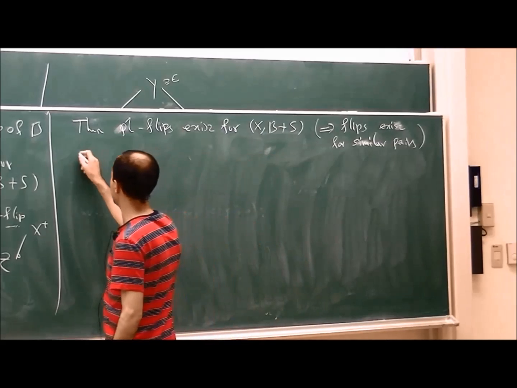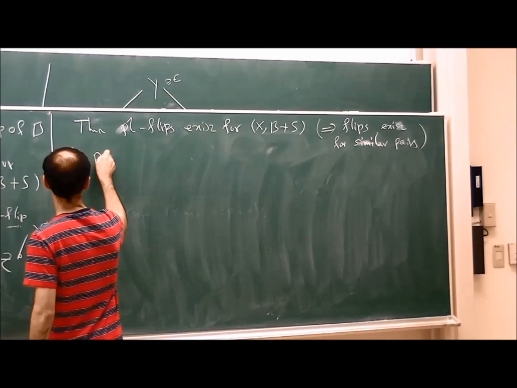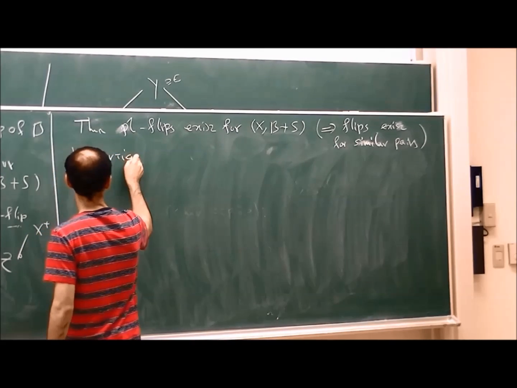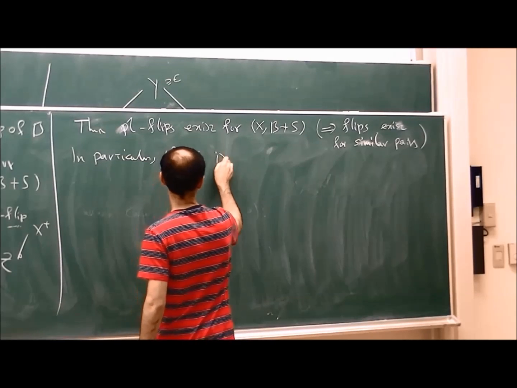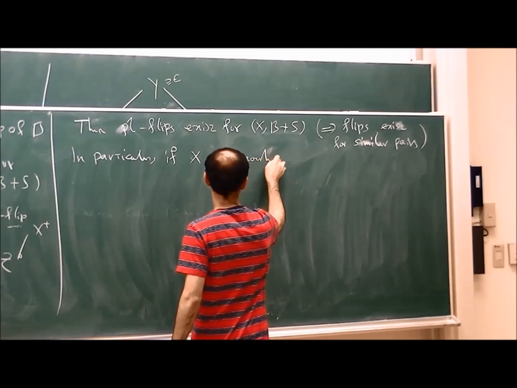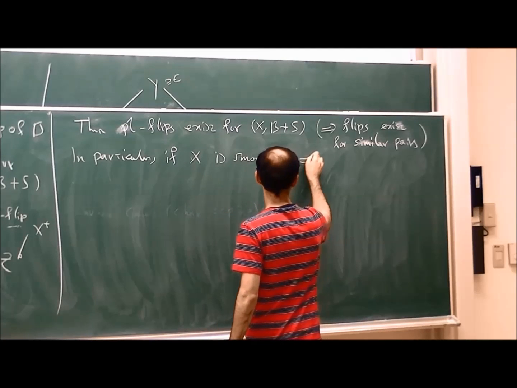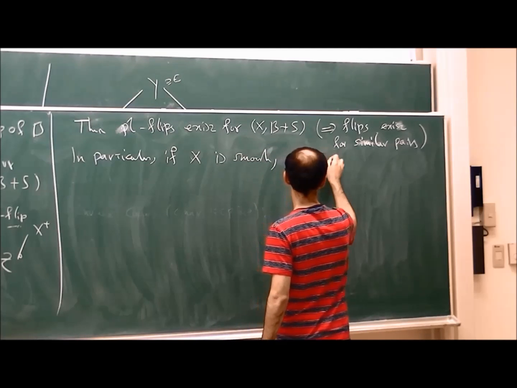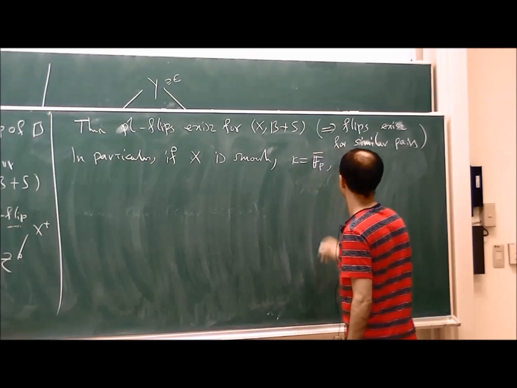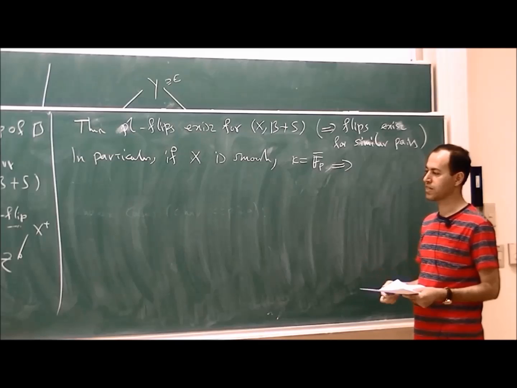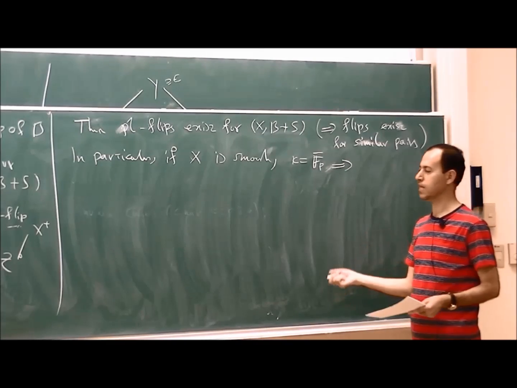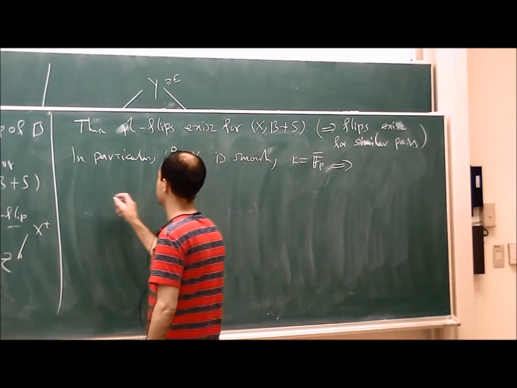And in particular now, let's say X is a threefold over the closure of a finite field, then all the flips that we need exist, and in fact we can run a minimal model program.